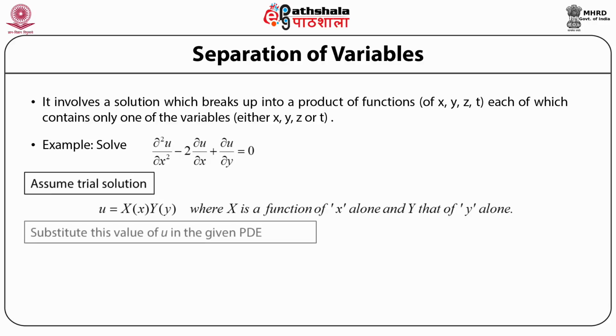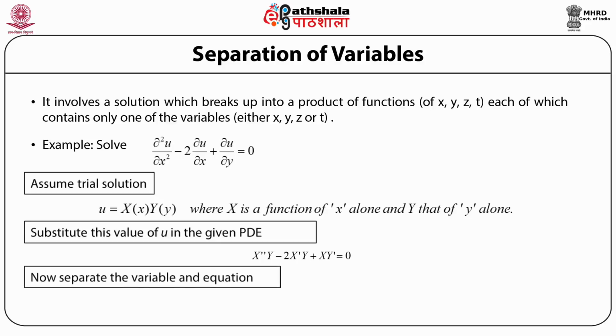Now if you substitute in the equation, if u is equal to X times Y, then ∂²u/∂x² becomes X double dash times Y, then minus 2 times X dash times Y, then plus X times Y dash is equal to 0.